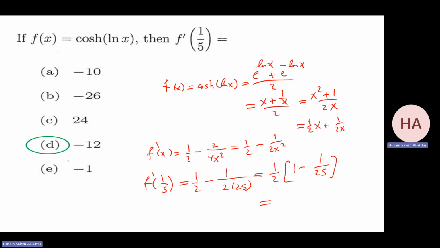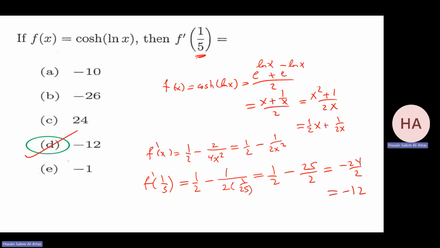I'm missing something somewhere. No, wait a minute. I'm substituting at 1/5, not 5. So that will be 1/25. So it will be half minus 25/2, which is minus 24/2, which is minus 12. Yeah, I'm substituting at 1/5, not 5.